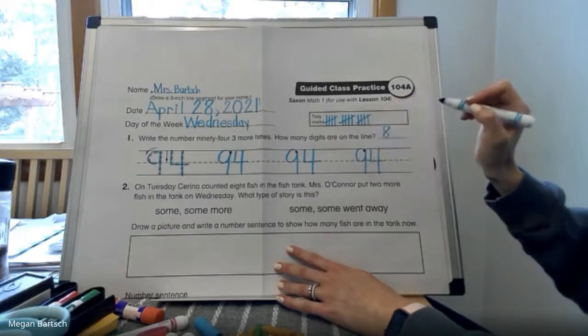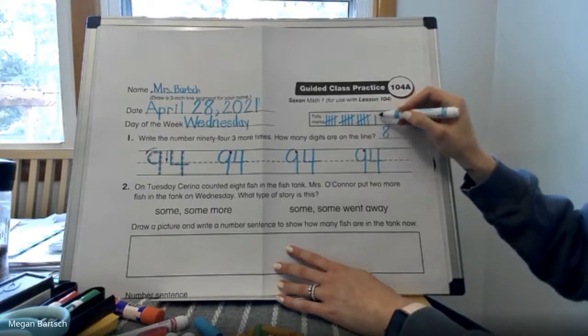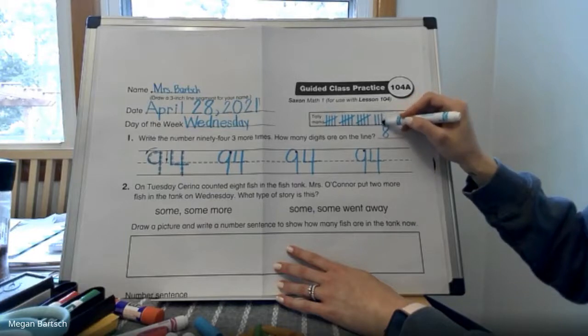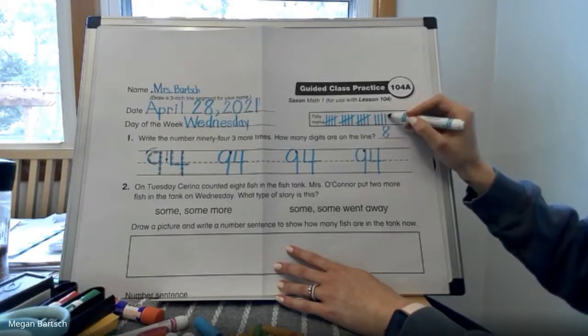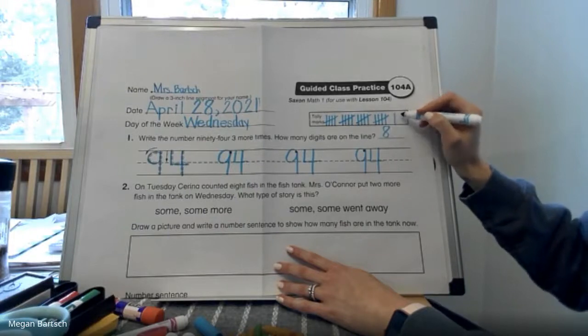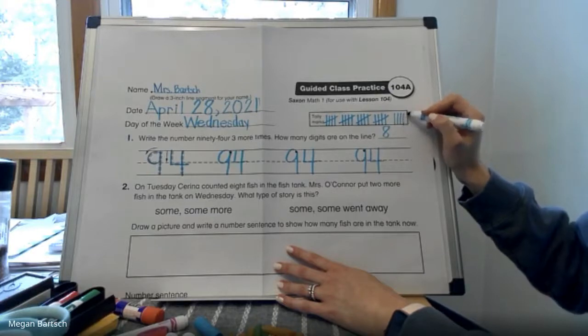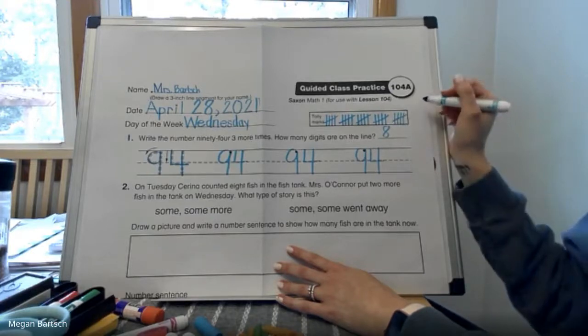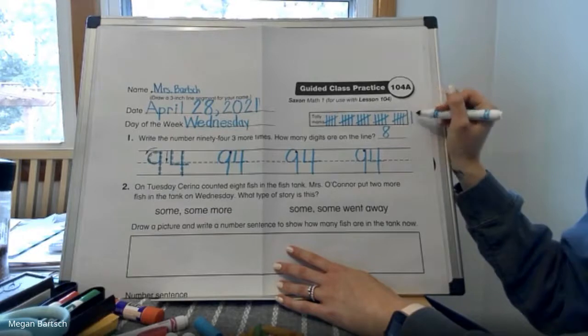Tally up. 15, 16, 17, 18, 19, tally up. 20, keep going. 21, 22, 23, 24, tally up. 25, 26, 27, 28.